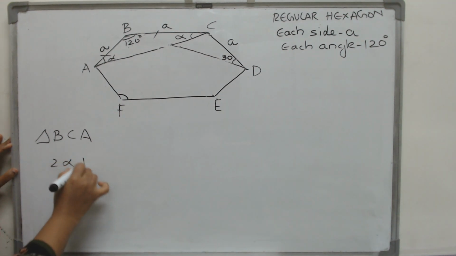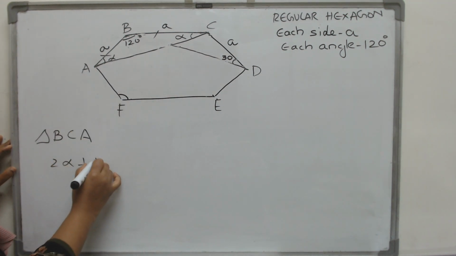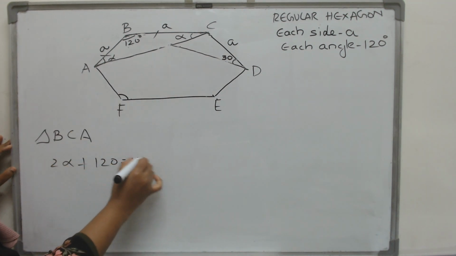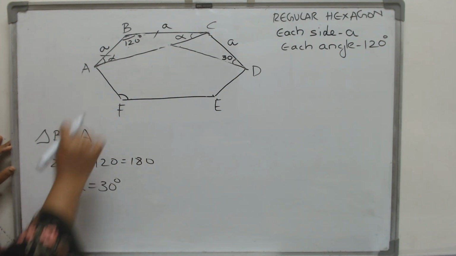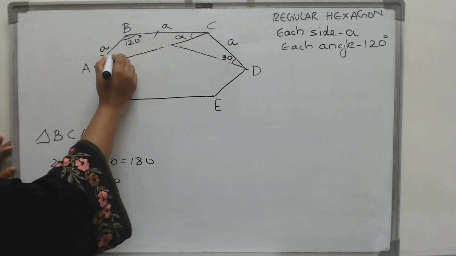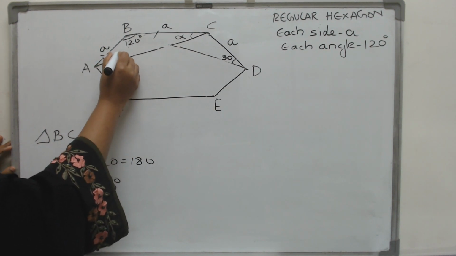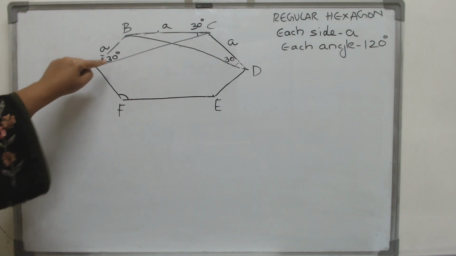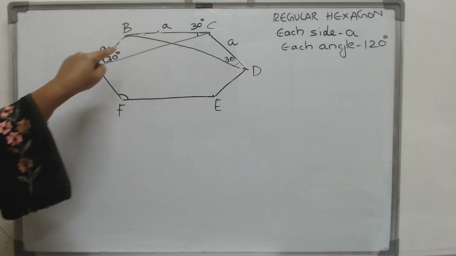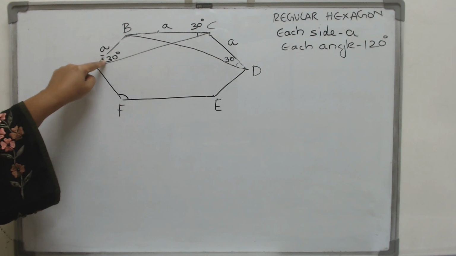So we just continue the same way. 2 alpha plus 120 is 180 degrees. That means each alpha is going to be 30 degrees. So the angle that you see here is going to be 30 degrees. Let me put back that line segment. So we found out that both of these angles are 30 degrees.